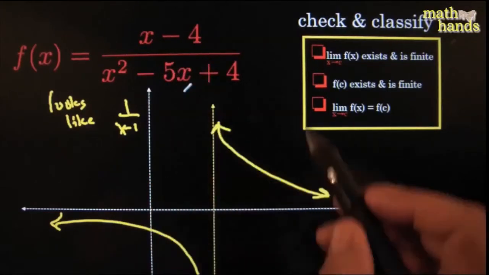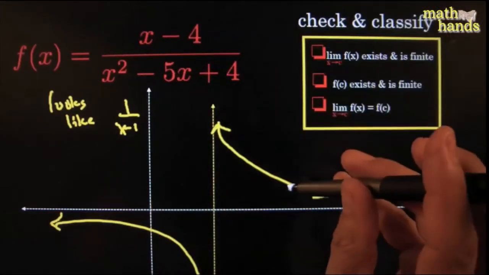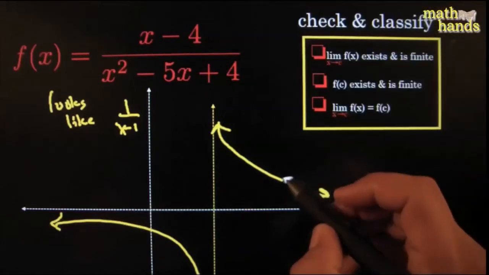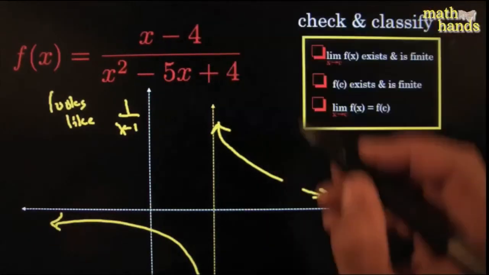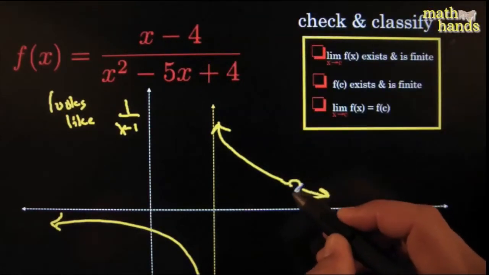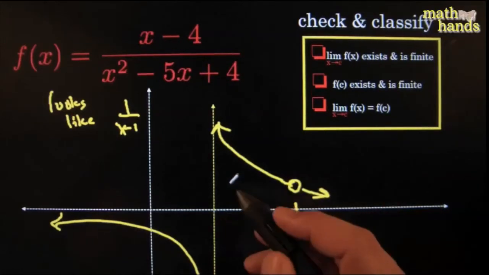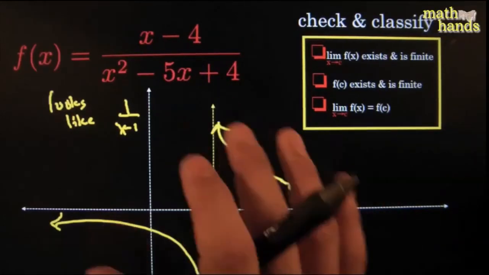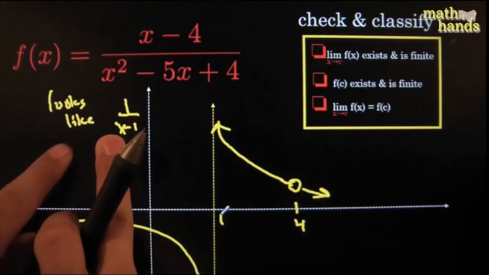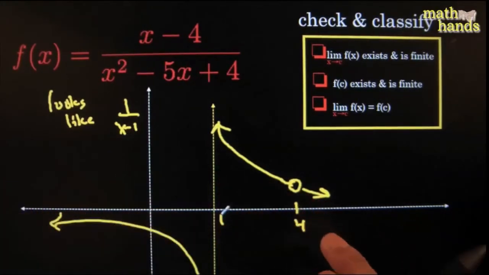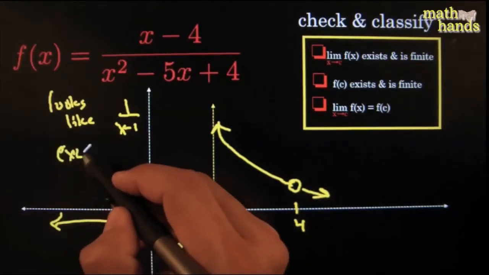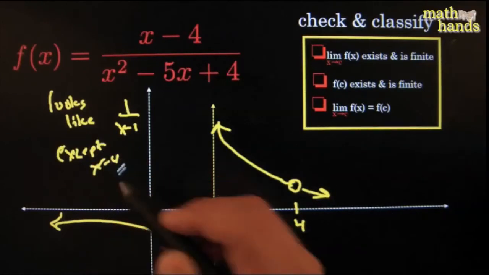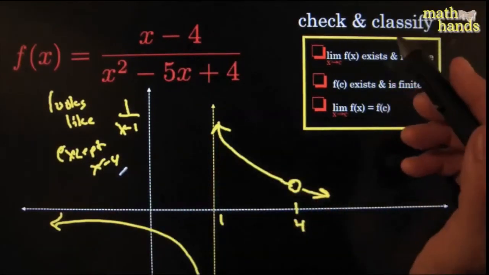Discontinuous at pi over 2 plus any multiple of pi, and it has infinite discontinuities. That's the type. So check where it is continuous, everywhere except here, and classify what type of discontinuities. There are infinite discontinuities. That's pretty obvious.